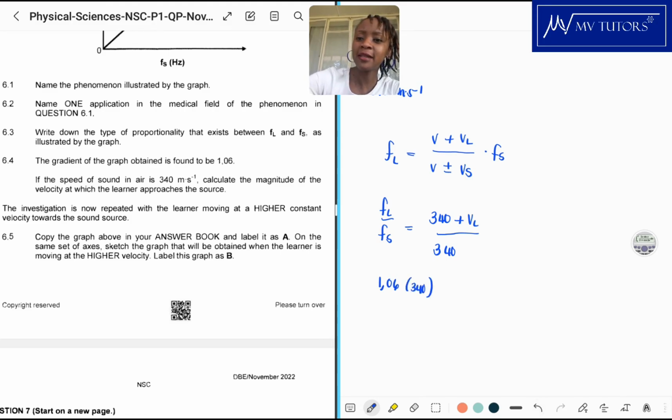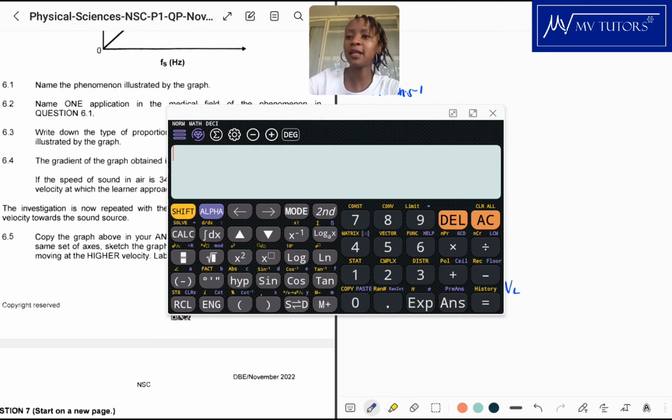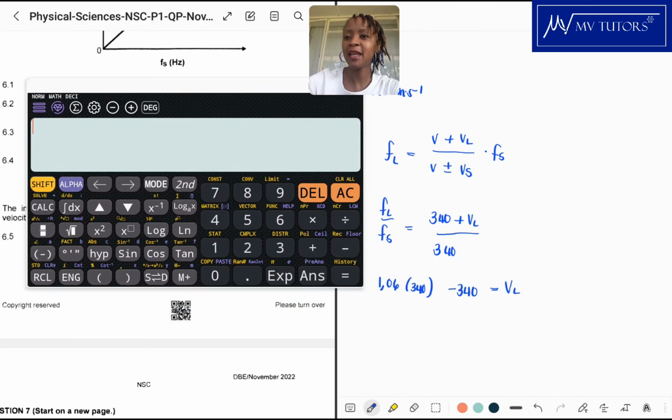Then subtract 340, and we're left with the speed of the listener, or the velocity, and we're going to calculate the magnitude. So we're going to head over to the calculator, and it's going to be 1,06 multiplied by 340 minus 340. Wow. I'm thinking this is a very big answer, my goodness.